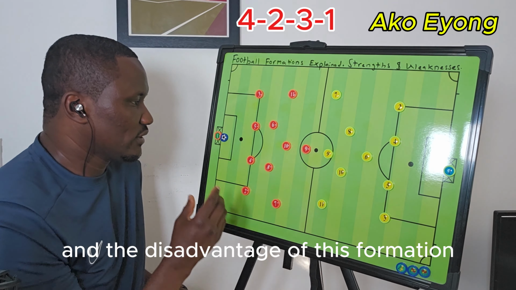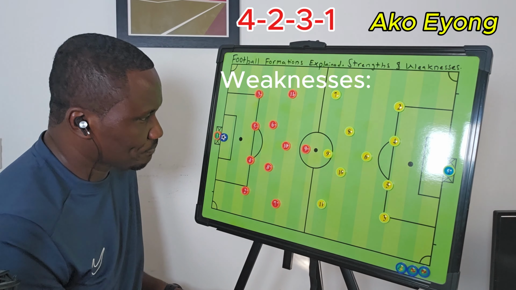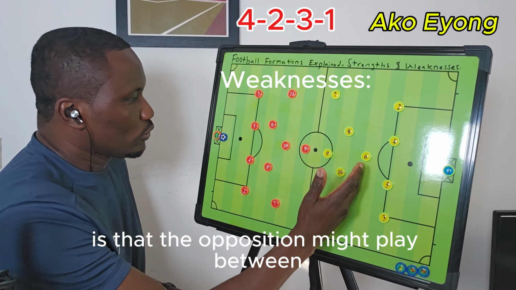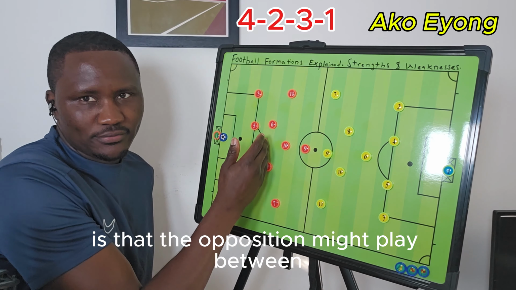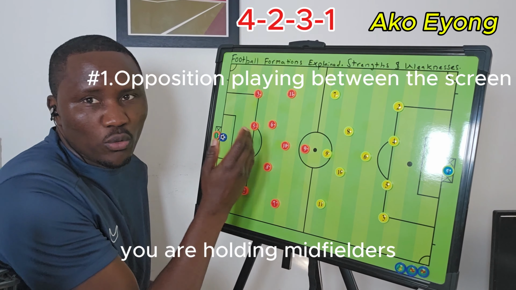You already have that numerical advantage because you have 3 players in the midfield. And then the disadvantage of this formation is that the opposition might play between your holding midfielders.